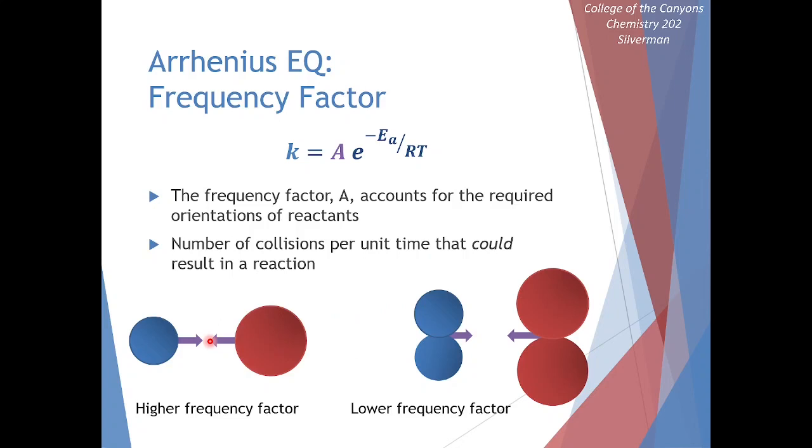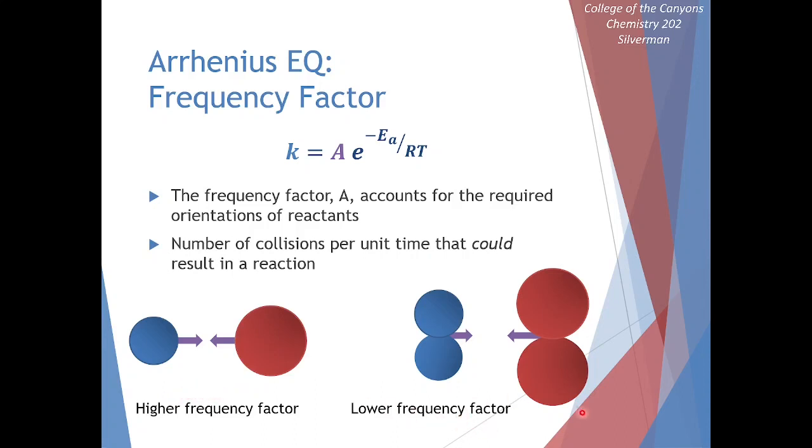If we're looking at this visually, we can think about the symmetry and orientations of our molecules. On the left, we have two spherical atoms, which need to collide together. There's no wrong way for two spheres to collide if they're perfectly symmetrical.